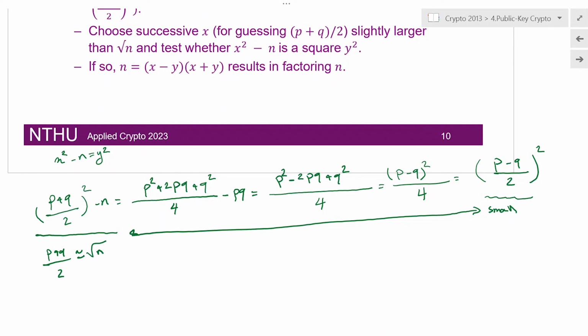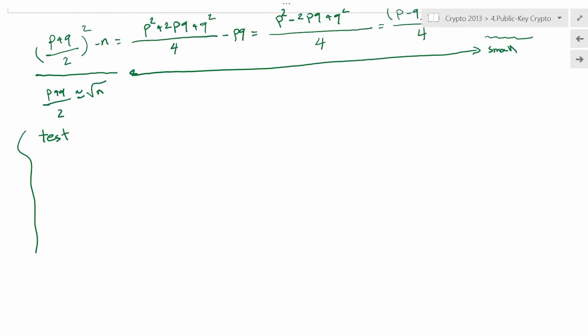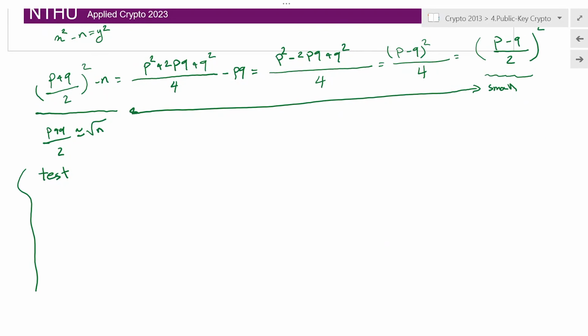So the interesting thing is that I don't know p and q, but I know n, right? So all I can do is start to guess. This is going to be my test, and it shows us how we can factor this number n if it has this scenario.